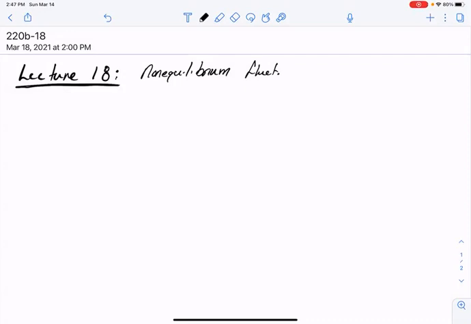Okay, but to review first, last lecture, we introduced a complementary perspective on stochastic dynamics, that from its path integral representation.